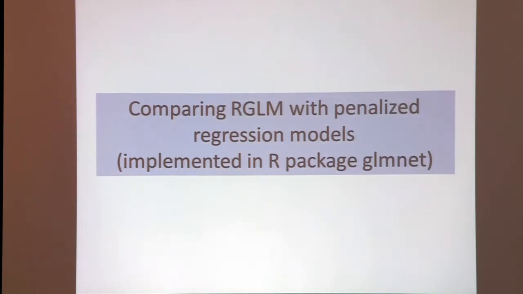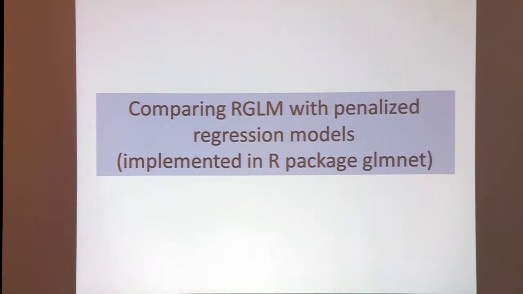Same in simulations. Now, the one critical comparison is really with penalized regression models. I love penalized regression models. I think many of you have used things like Lasso and ElasticNet. There's an R package, GLMNet, not developed by our group.